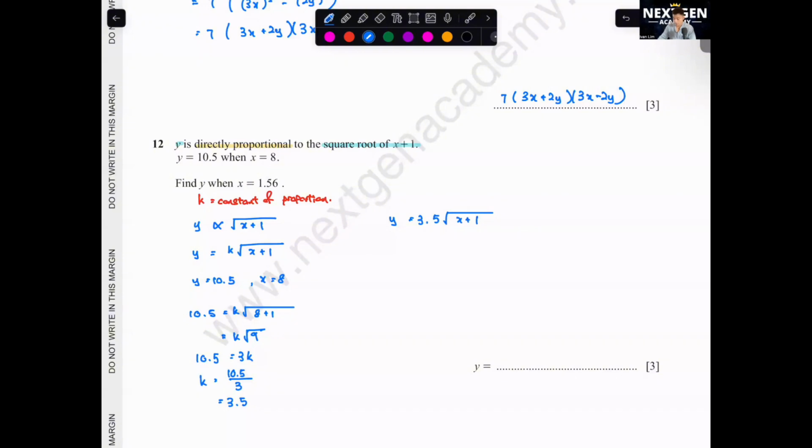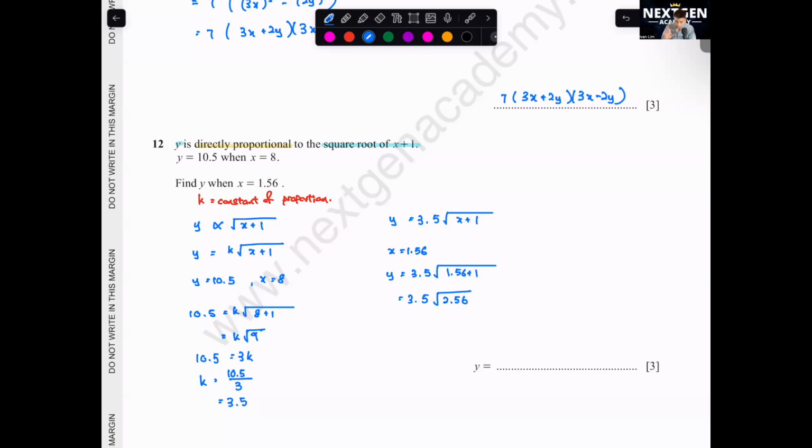Okay, if they ask you to just find the equation, then you will stop here. But normally they will ask you to find one more value. Okay, find y when x equals to 1.56. So you substitute it in. Okay, x equals to 1.56, y equals to 3.5 square root 1.56 plus 1. 3.5 square root 2.56.